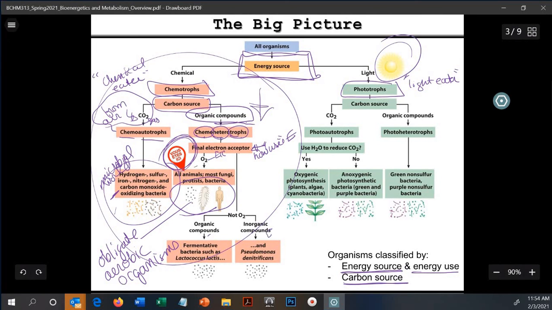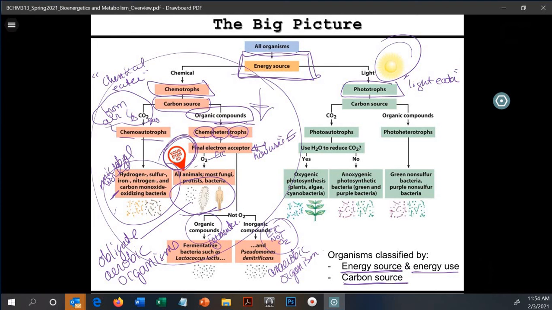If you run your electron transport chain and you use not oxygen as your terminal electron acceptor, then you're an anaerobic organism. If you use an organic compound as your terminal electron acceptor, you're a fermenter. And there are some subcategories here. So at least we got to introduce the topic.